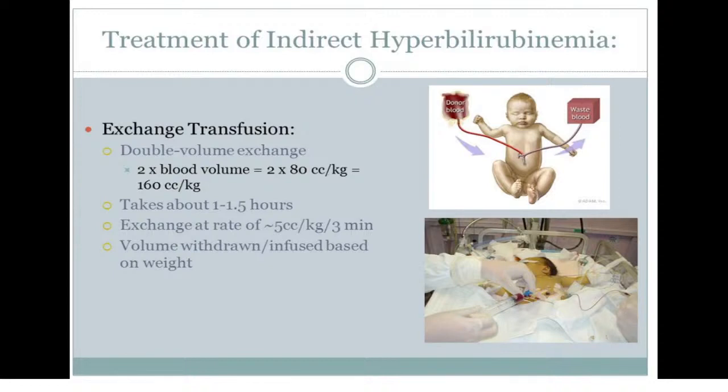Smaller aliquots, 5 to 10 milliliters, may be indicated for sick and hemolytic infants. The goal should be an isovolumetric exchange of approximately 2 blood volumes of the infant, 2 times 80 milliliters per kilo.